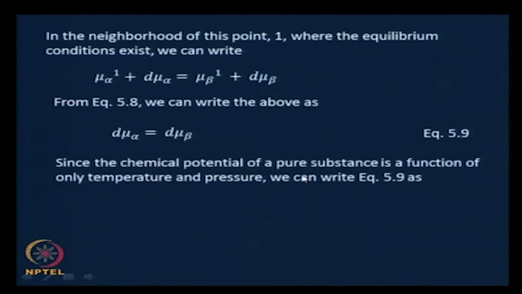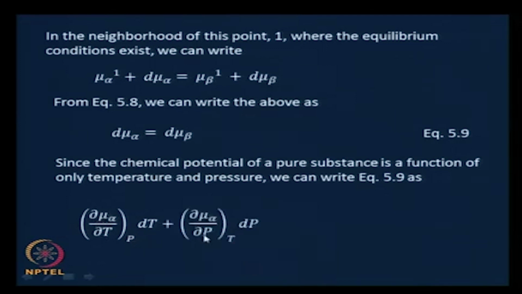Since the chemical potential of a pure substance is a function of only temperature and pressure, we can write equation 5.9 in terms of the expanded functionalities. This is the total differential, writing it in terms of partial differentials from the theorem in mathematics. d mu alpha is dou mu alpha by dou T at constant pressure dT plus dou mu alpha by dou P at constant temperature dP.